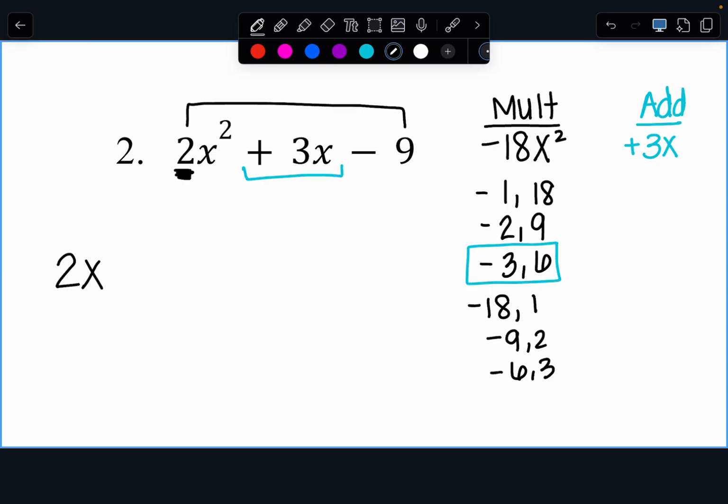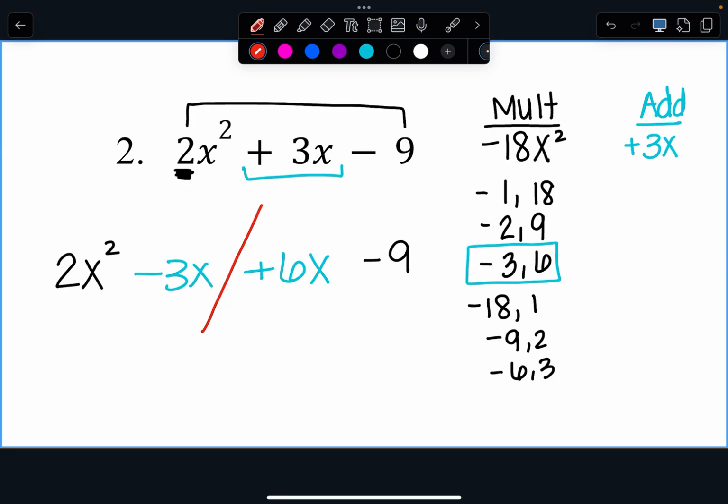You keep your first term and your last term. We now have a minus 3x and a positive 6x. That's what we got from those two pieces that we found. And we can split it in half. What do those first two terms have in common?